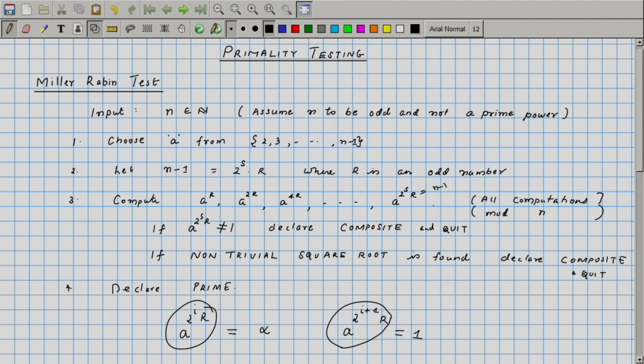What we need to argue is that on every composite number, this algorithm correctly declares it as composite with more than 50% chance. It is clear that this algorithm will give the correct answer for every prime number, because a prime number will never be declared composite by this algorithm.